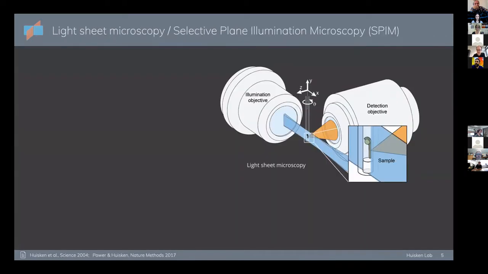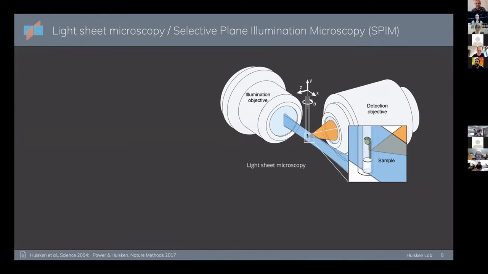So the technique of choice that we use is light sheet microscopy. I don't think that needs to be introduced very much anymore. The basic concept is that you have two distinct optical paths, one for illumination, one for detection. You generate optical sectioning directly by shining a thin sheet of laser light into the specimen, and then perpendicular to that sheet, you're collecting the fluorescence.